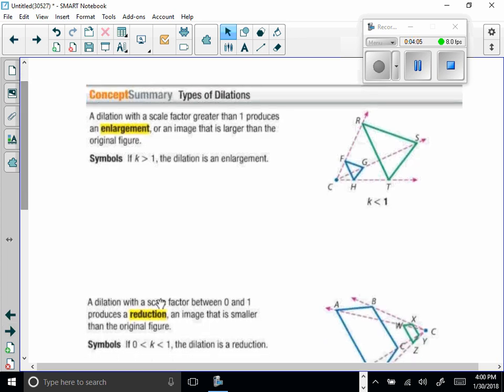Depending on what we get for our scale factor of dilation, we're going to have either an enlargement or what's called a reduction. We're going to let k be the scale factor.